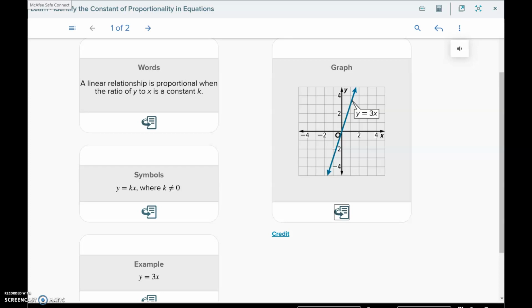So if I plug 0 in for x, 3 times 0 is 0, y equals 0. So let's look at this point, 1, 3. If I plug in 1 for x, 3 times 1 equals 3. That gives me 3 for my y. I can take any value for x or y and figure out what the other value would be for an ordered pair.